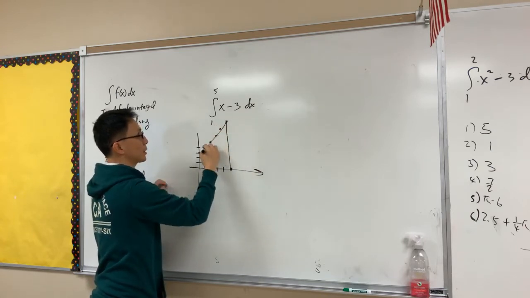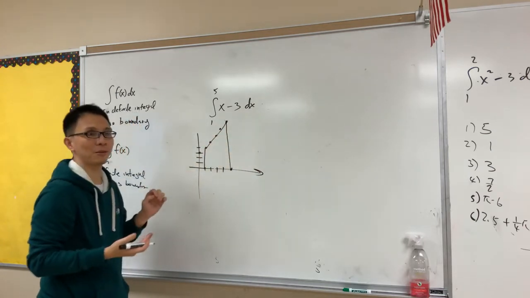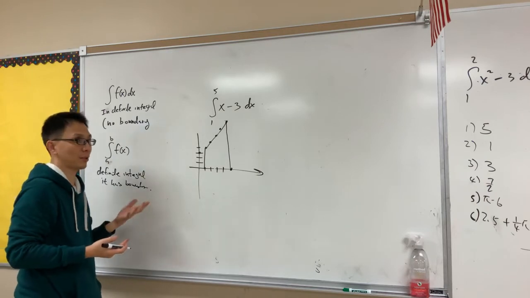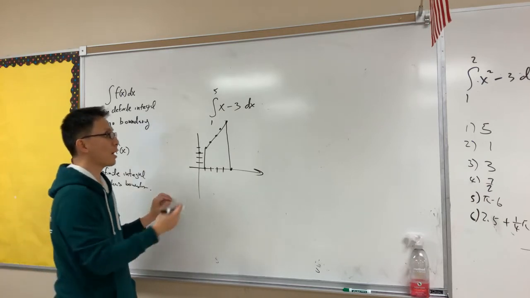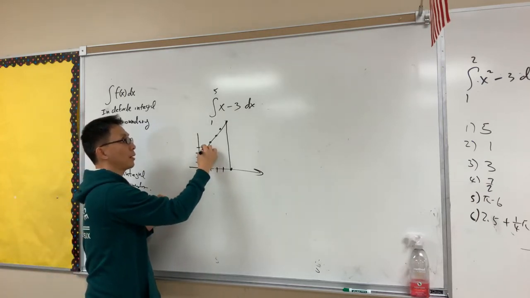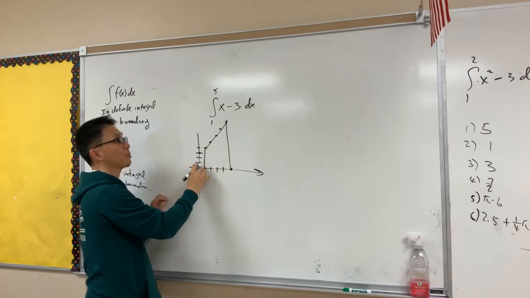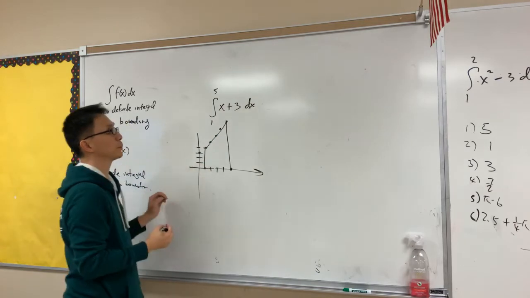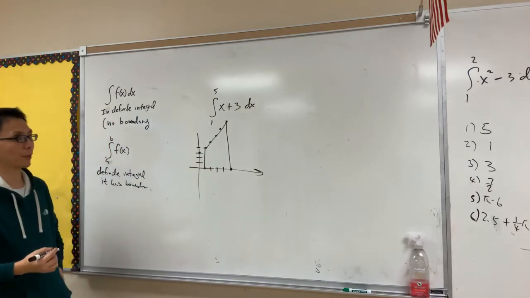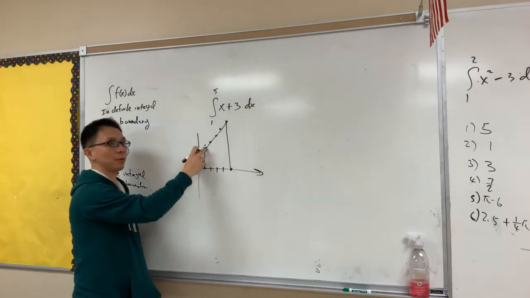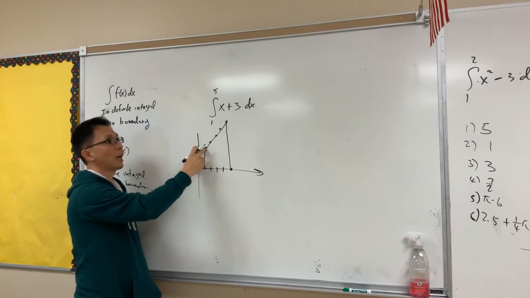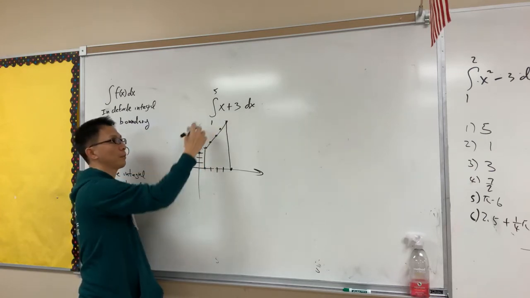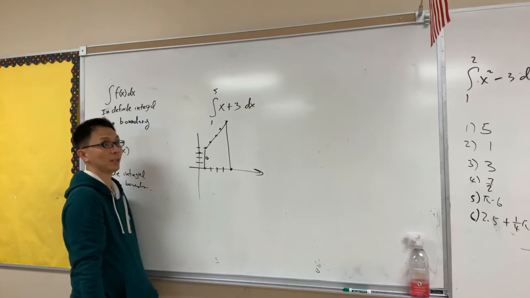And I can find this area without using calculus, because that's a trapezoid. The height here, if I want to find it, I just plug in 1 into this function. Wait, it should be plus 3, sorry, my fault. So it should be plus 3. And then I plug in 1, I'm going to get 4. That's the height.